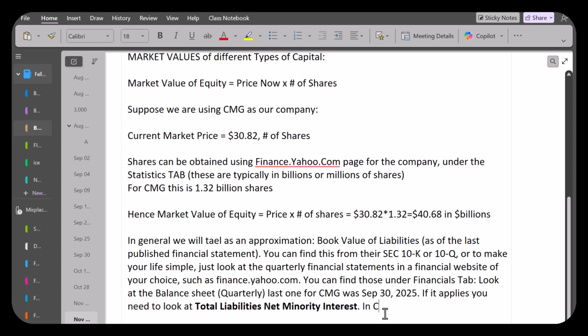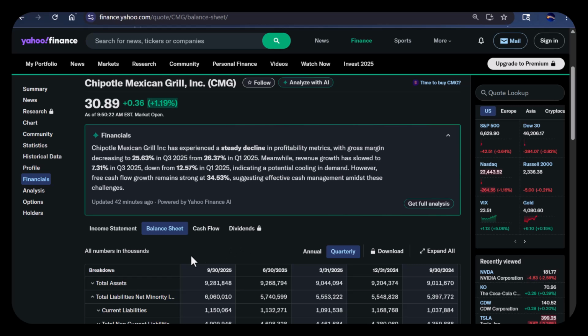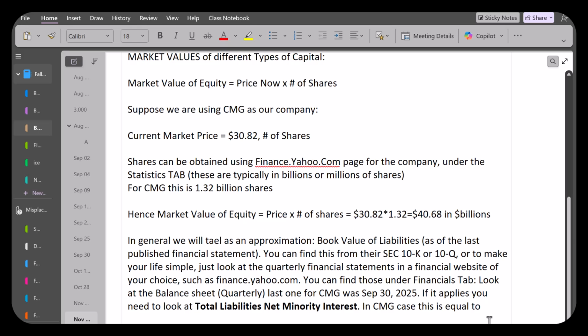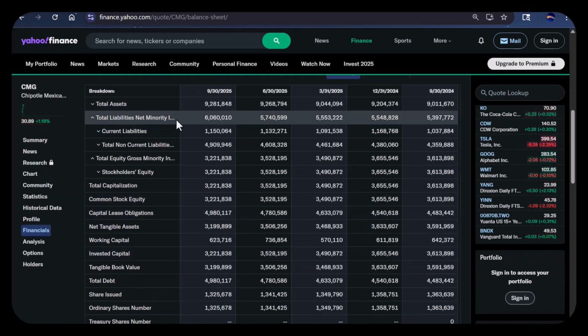In the CMG case, this is equal to, just pay attention to units, okay? Not every firm has the same units, so this is in thousands. Total net of minority interest, 6060010.